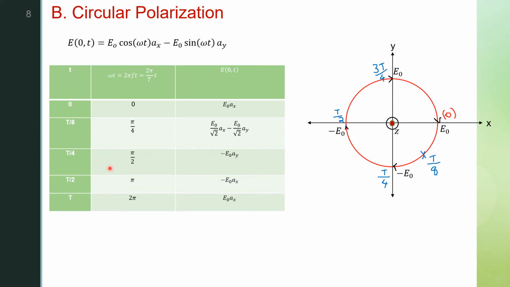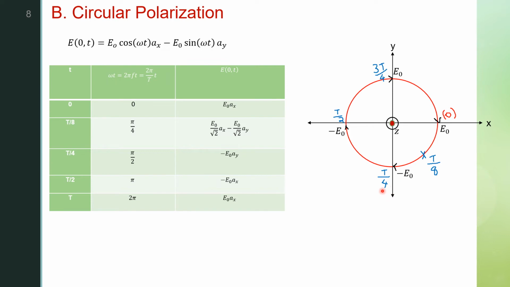Now let's consider another time instant, capital T by 4. When time is equal to one fourth of the time period, omega t will be pi by 2. Substituting omega t as pi by 2, it is E0 cos pi by 2 Ax minus E0 sin pi by 2 Ay. Cos pi by 2 is 0, so we will get the answer as minus E0 Ay, because sin pi by 2 is 1. Along y direction, the magnitude is minus E0.